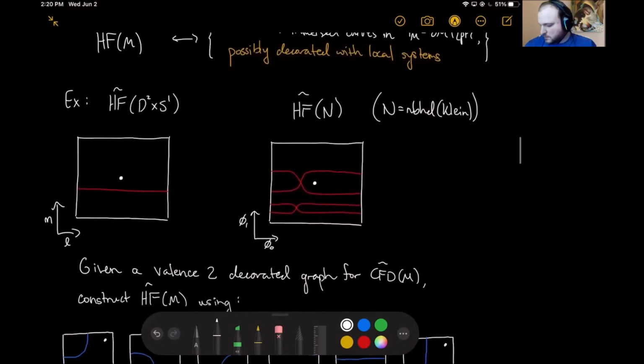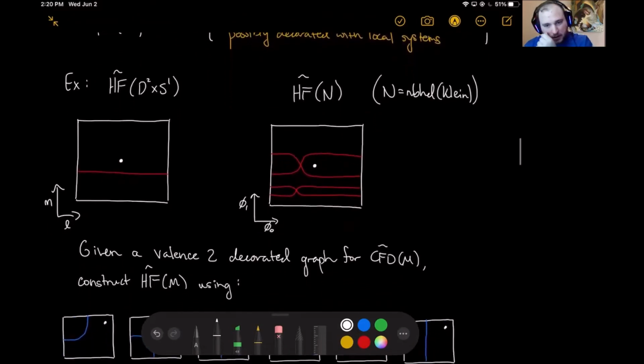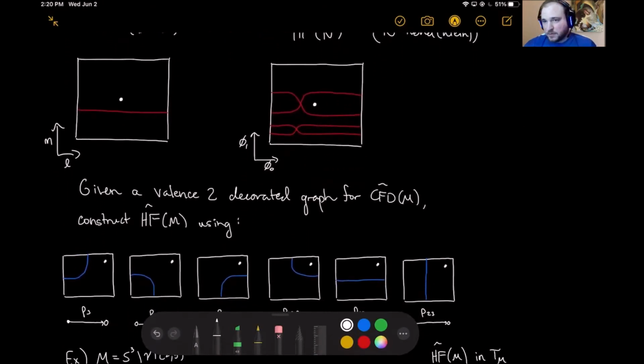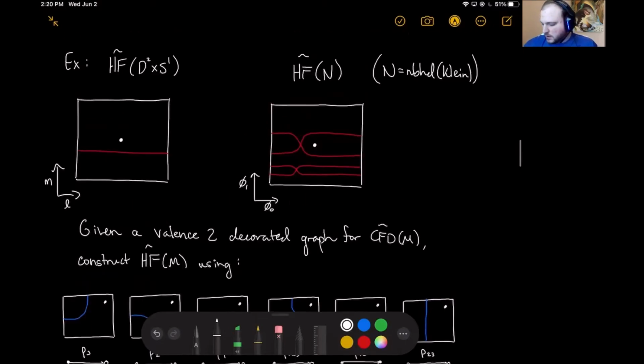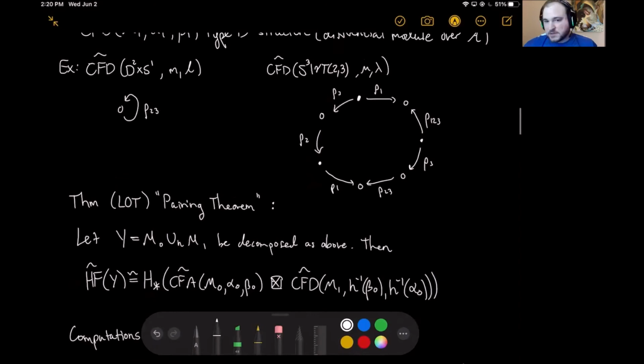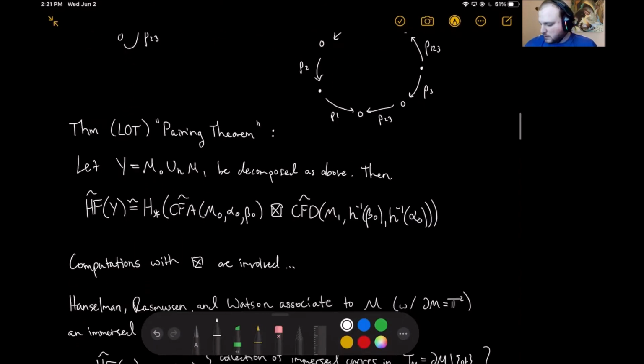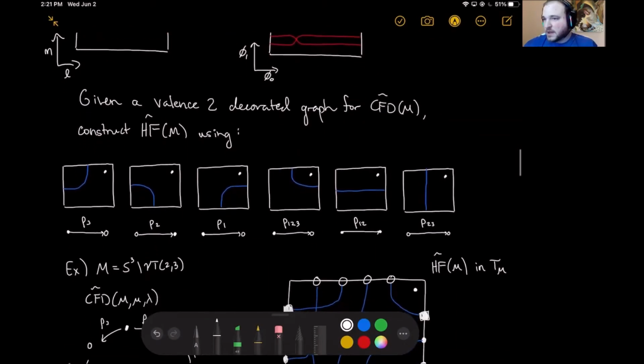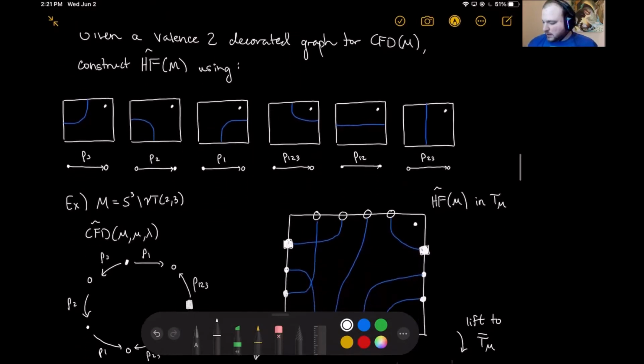Okay, so here were just two examples of immersed curves. There's an algorithm, if you start with a valence 2 decorated graph for your type D structure, to reconstruct the curve invariant. And a valence 2 decorated graph is exactly what we had up here with the trefoil exterior. So what you do is you take the edges in the directed graph, and depending on the labels, you connect the different iota 0 and iota 1 generators in the torus boundary.